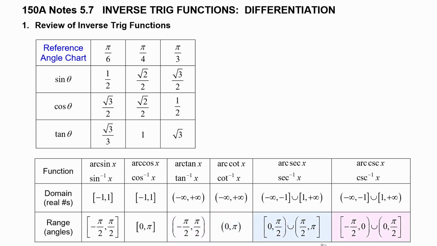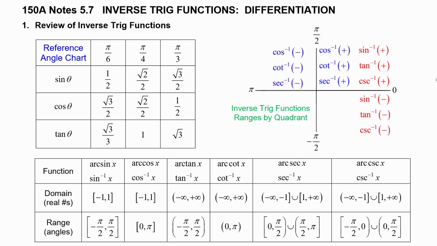Sometimes they exclude the midpoint value, for example here, pi over 2, and here, for cosecant inverse of x, it's excluding the y value of 0. But essentially, you can summarize all of these ranges with this visually easy to understand chart.